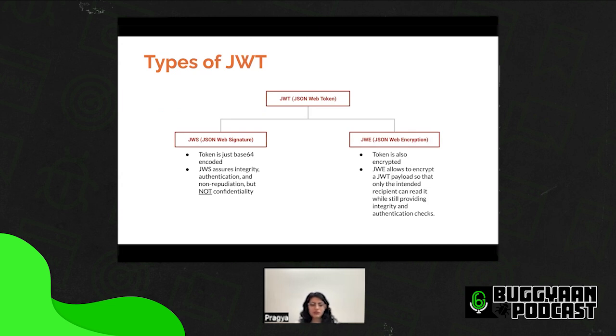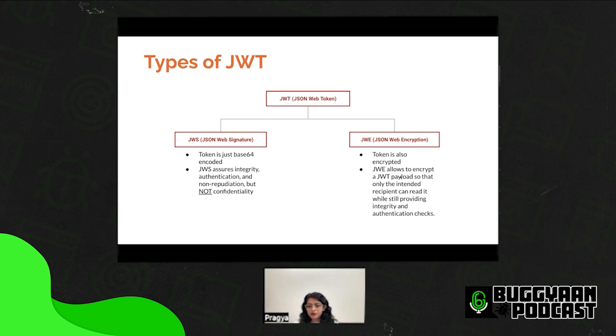So that's JWS. Then the second is the JWE. This is actually encrypted, so the token is also encrypted. In our typical JWT, we don't see an encrypted token, but JWE is an encrypted token.